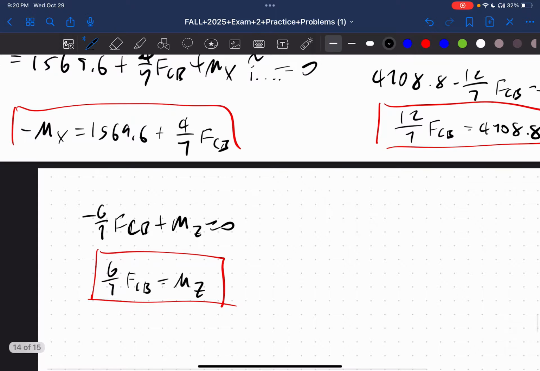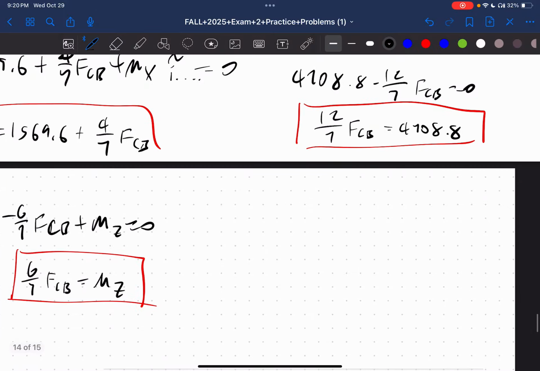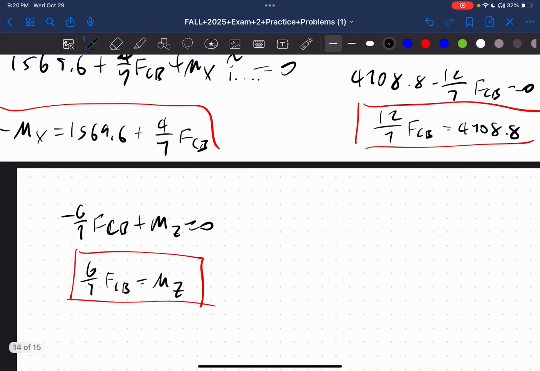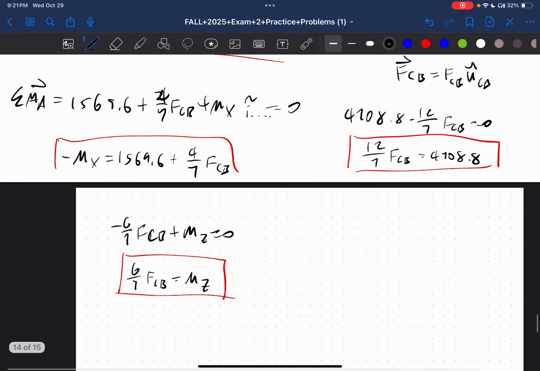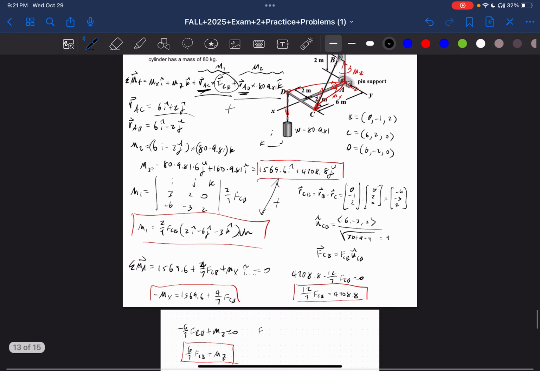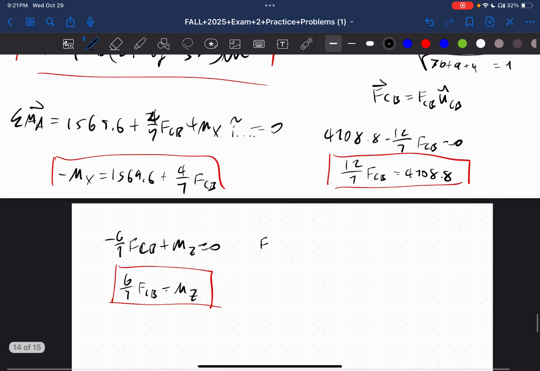Basically now we have all the equations we need to solve for everything. And how would we go about solving this? Let's take a look.